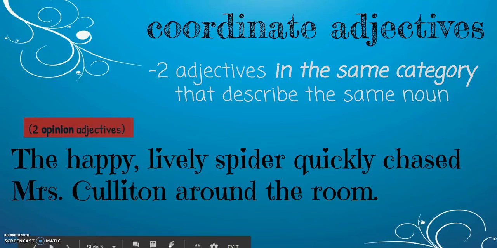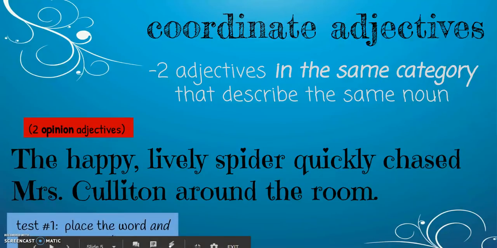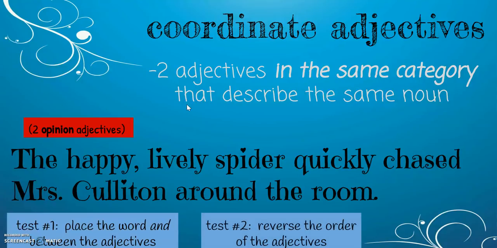Now this one seems a little bit easier probably to determine. Sometimes it's a little more difficult, and so we have some tests that we can do. The first test says to place the word and between the adjectives. If I can say the happy and lively spider quickly chased Mrs. Culleton around the room, I could take the and out and just put a comma. Another test to try is to reverse the order of the adjectives.